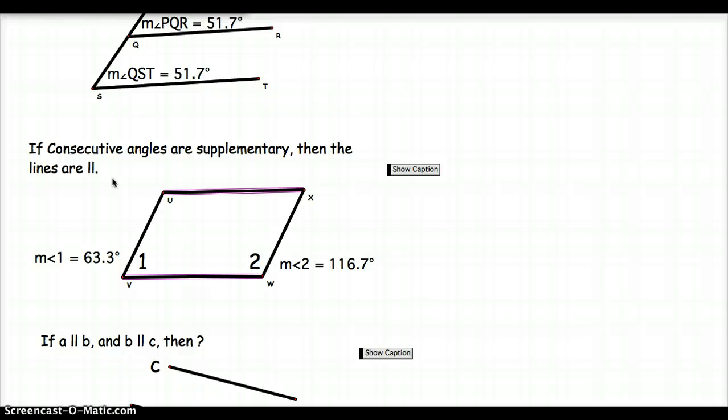So if you do the math, angle 1 plus angle 2 equals 180 degrees. If that's the case, then your lines are parallel. So 63.3 and 116.7 are definitely equal to 180 degrees. So lines UV, this one here, and WX are parallel.